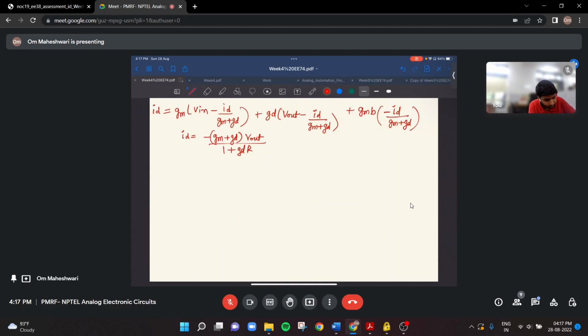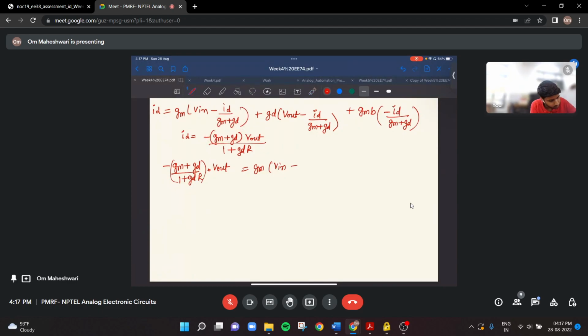So let us put this: (GM plus GD) (1 plus GDR) V out equals GM V in minus ID.